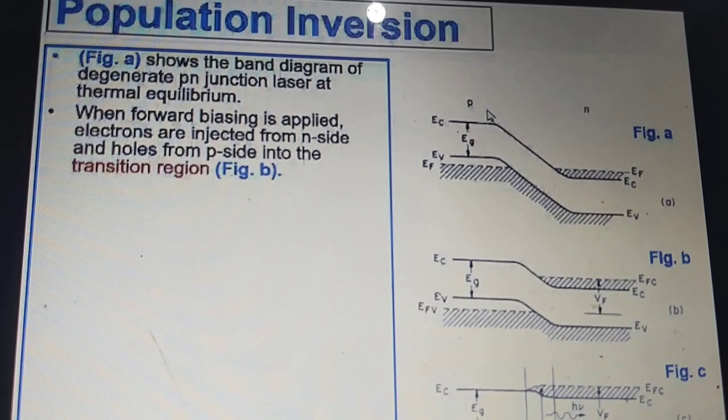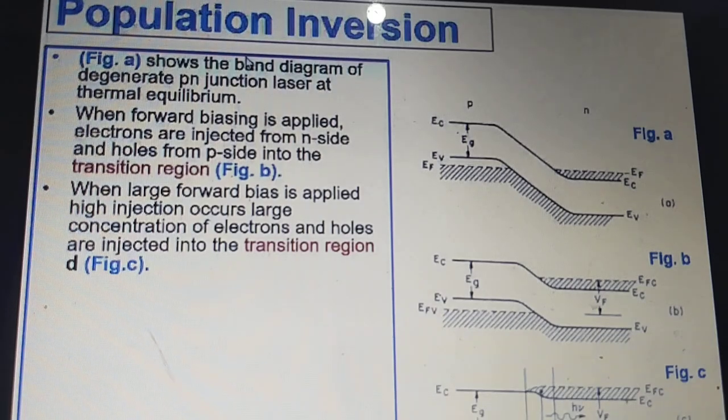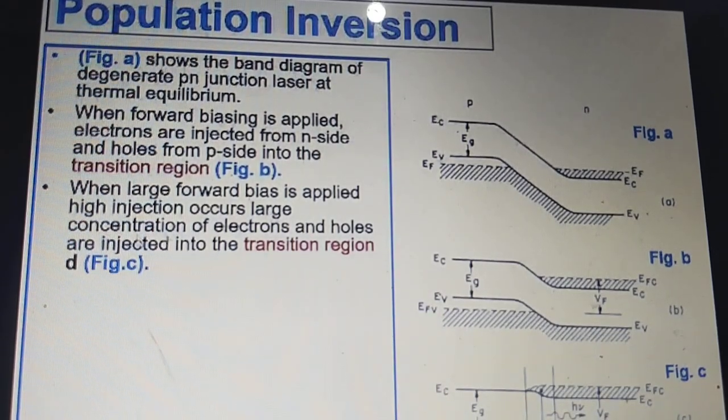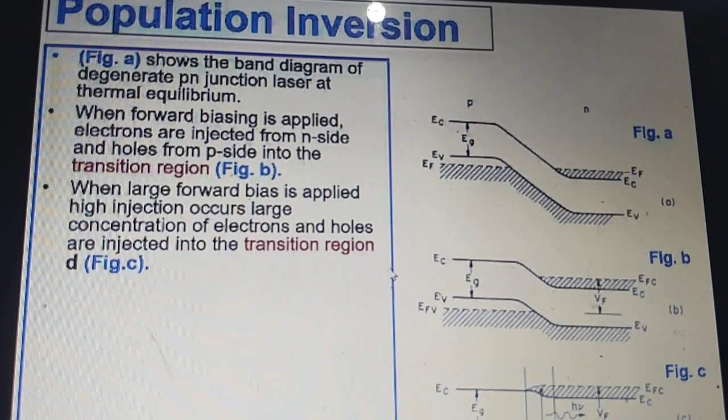When large forward bias is applied, as you will see in C, high injection occurs, a large concentration of electrons and holes into the transition region. So there will be a high concentration of electrons and holes in the injection.